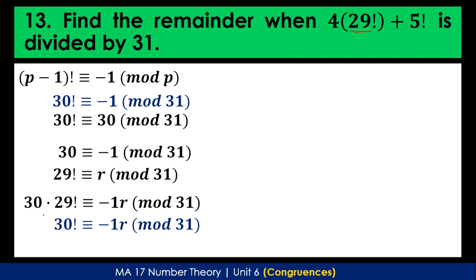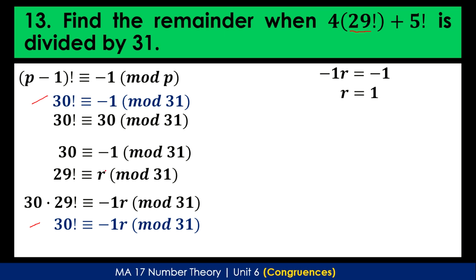Notice that this one and this one are the same, so we can identify the value of R. Equating negative 1 to negative 1 times R, let's divide both sides by negative 1, and our R here is 1.